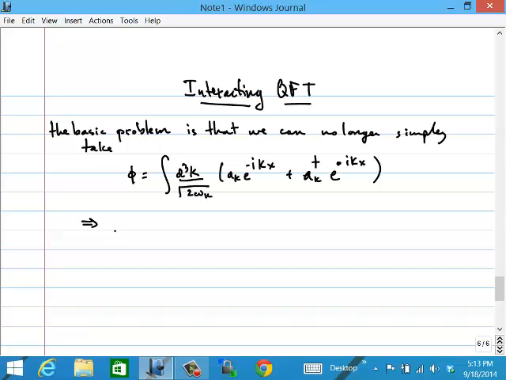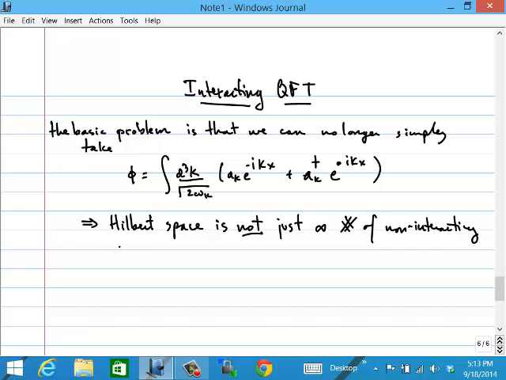And so in particular, the Hilbert space of an interacting field theory is not just the simple Fock space that we described earlier. It is not just an infinite number of non-interacting simple harmonic oscillators.